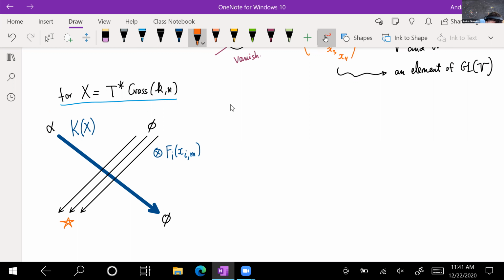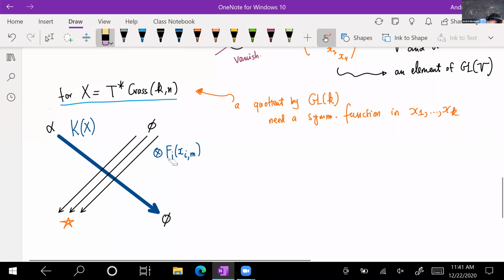So this is a quotient by GL_k, right? And so we need a symmetric function in k variables. I need a symmetric function in x1 through xk.